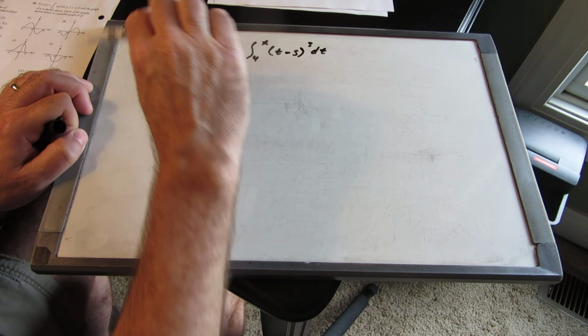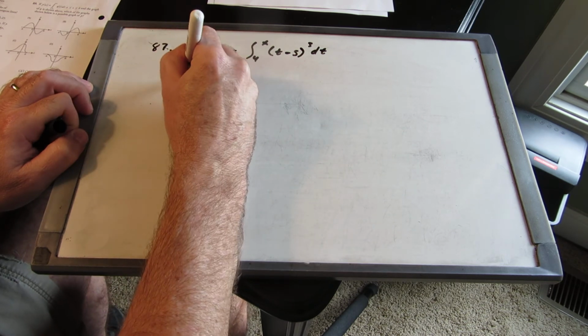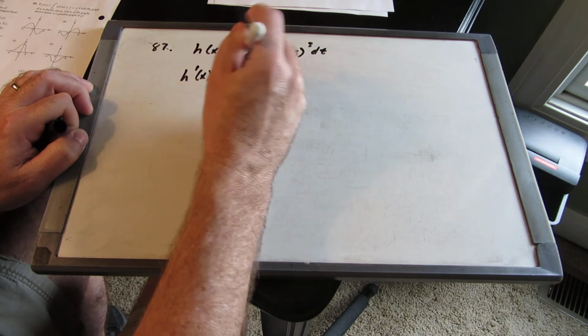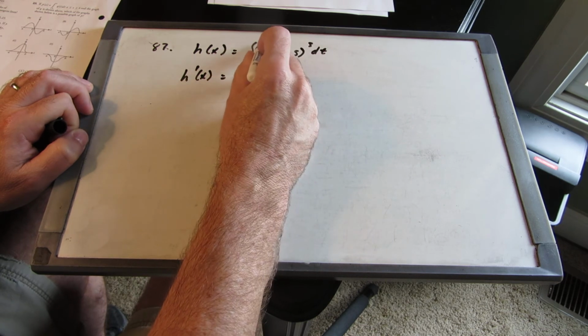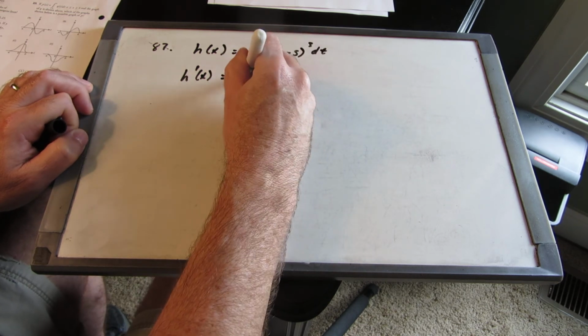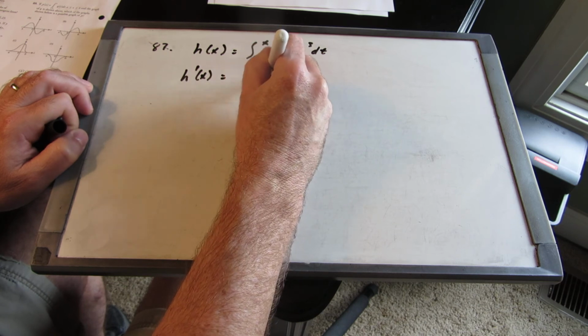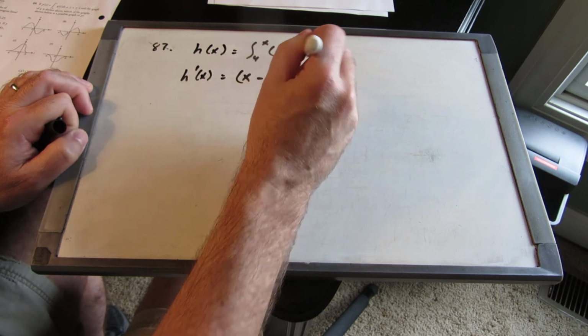To get h prime of x, you just plug in the upper limit and then multiply by the derivative of that upper limit, which in this case is just 1. So h prime of x is (x minus 5) cubed.